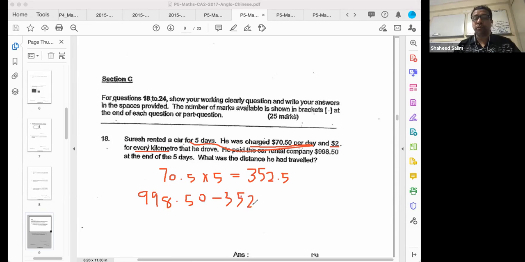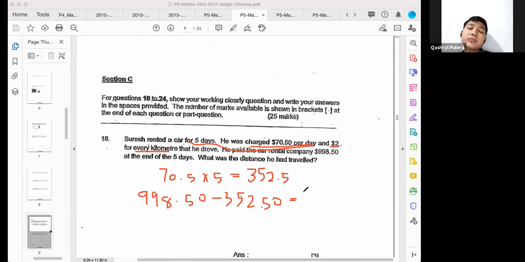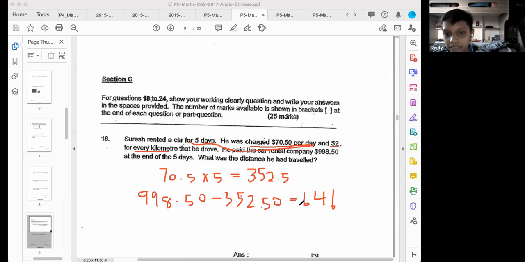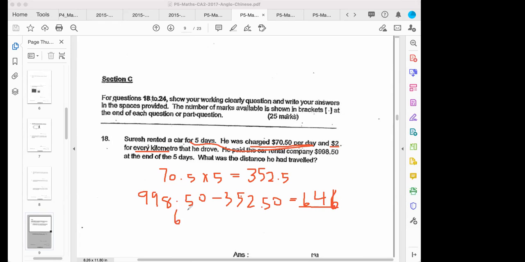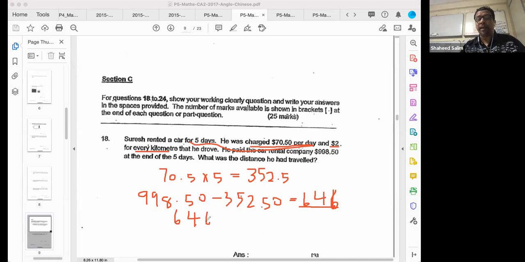Putri, can you just double check? 646, right? Yeah. So this $646 is for the kilometers. So you divide this by $2 because it's $2 per km, and you will get 343 km.